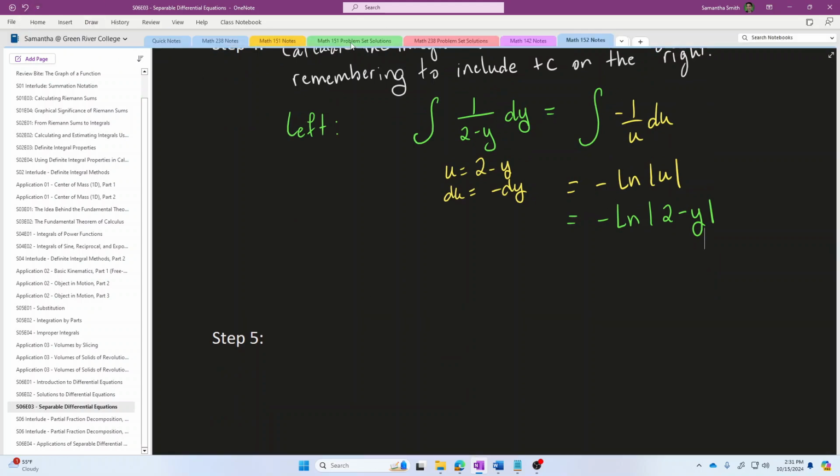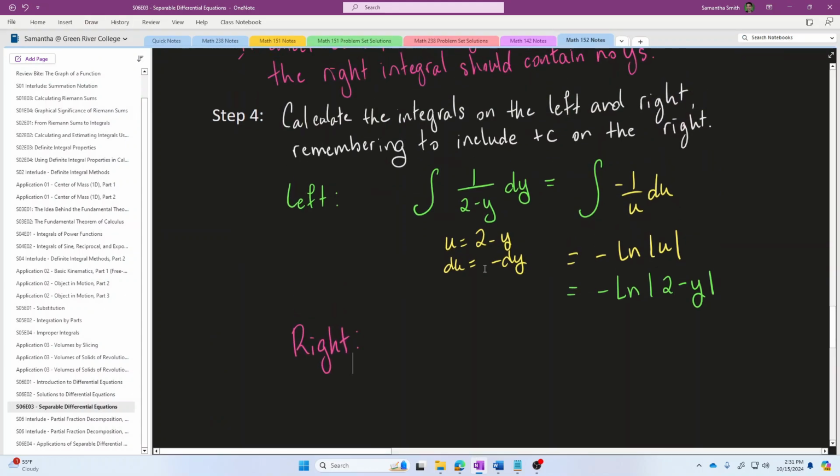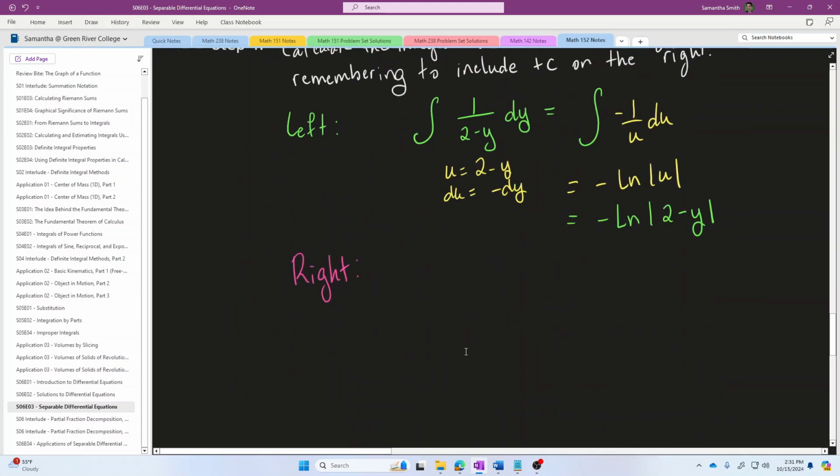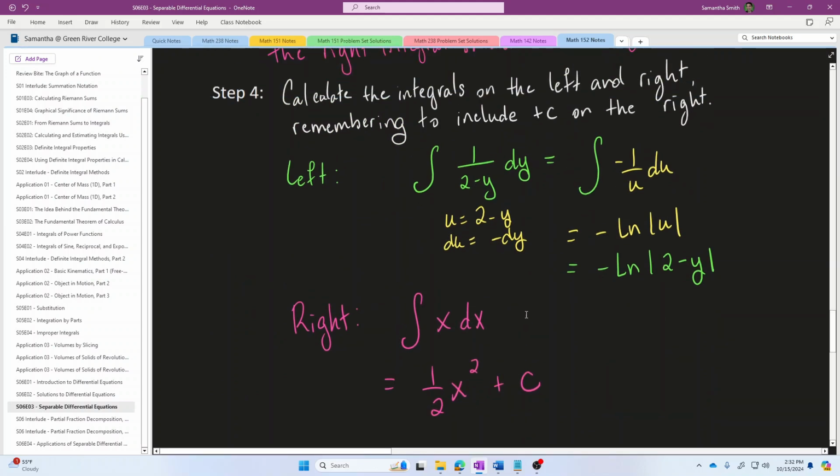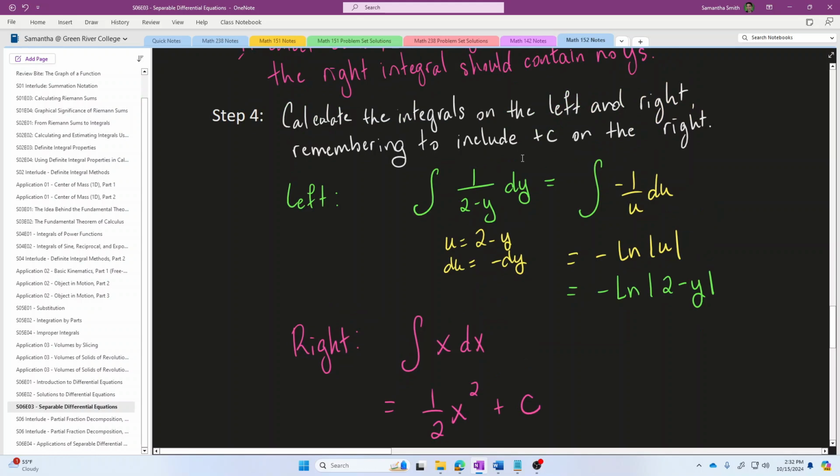And if I integrate the right side, it's just the integral of x, so that's really straightforward. That would just be equal to 1/2 x squared, and the right side integral is where I would include the plus c.